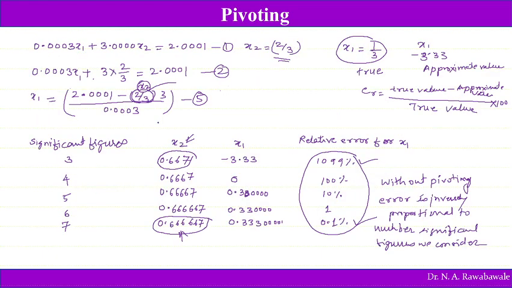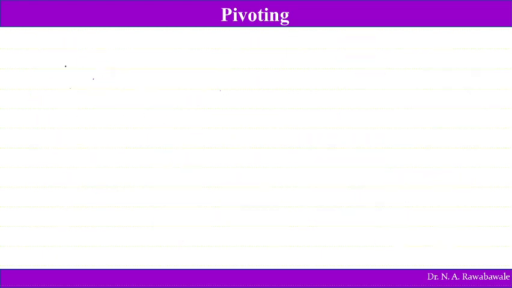Now we will rewrite these equations. That is, equation number 2 is written as equation number 1: 1.0000 x1 plus 1.0000 x2 is equal to 1.0000.